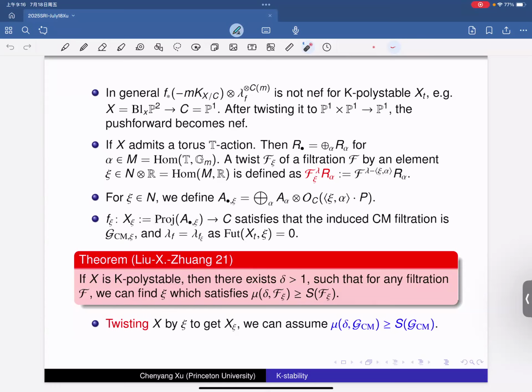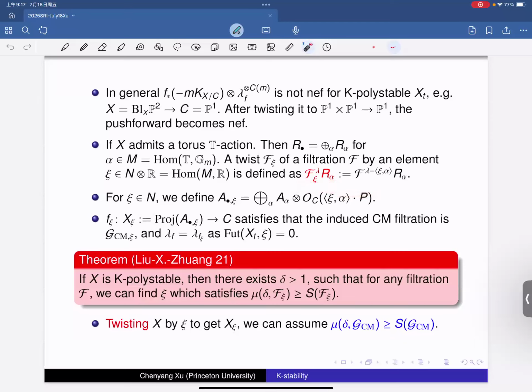So here, first, let me define this. Since we're doing K-polystability, we can basically boil down to the case that we have a torus action on every fiber. And for a torus action on a Fano variety, for any filtration on the graded ring, you can define a twisted filtration in this way.